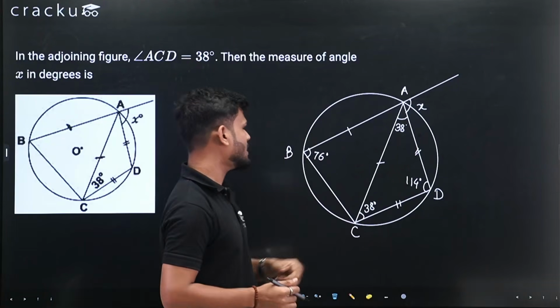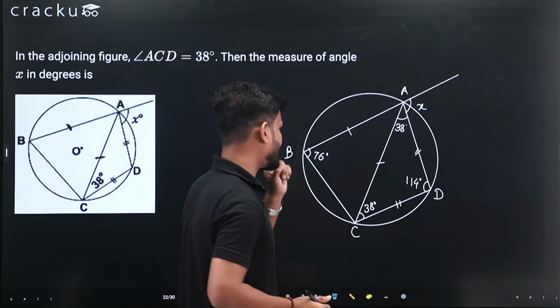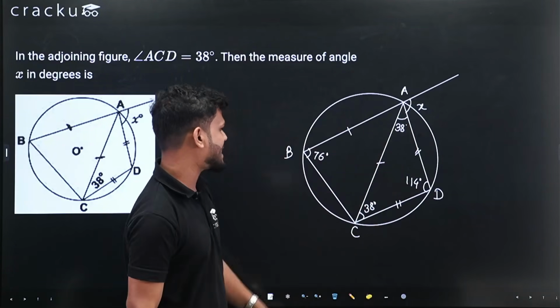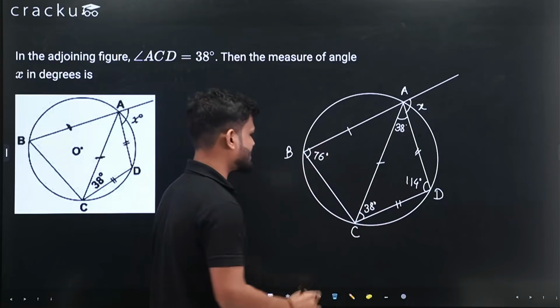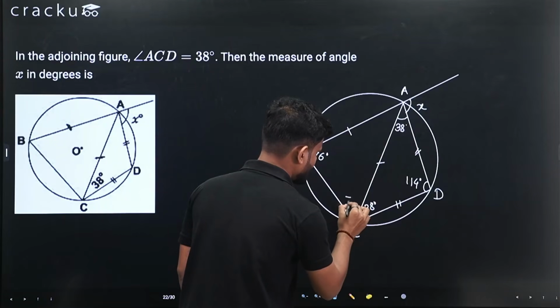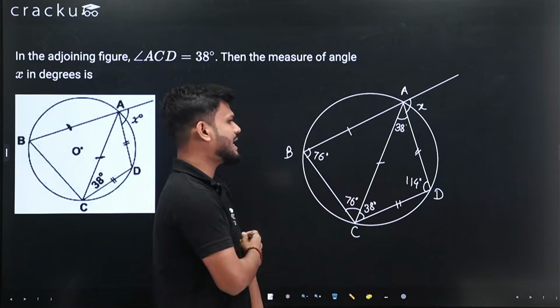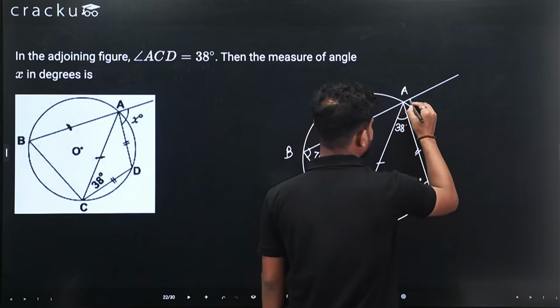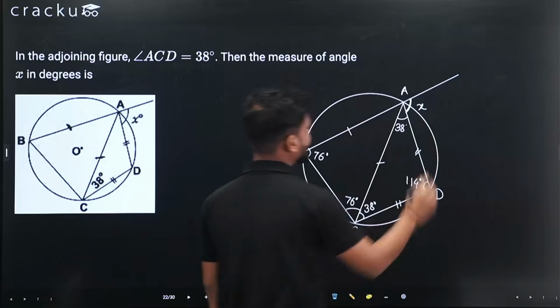Now, if this is 76 degrees, then what can you say? ABC is an isosceles triangle where AB is equal to AC. So this will be 76 degrees. Now, as ABCD is a cyclic quadrilateral, this angle is an exterior angle.